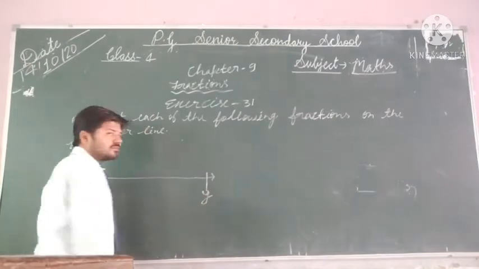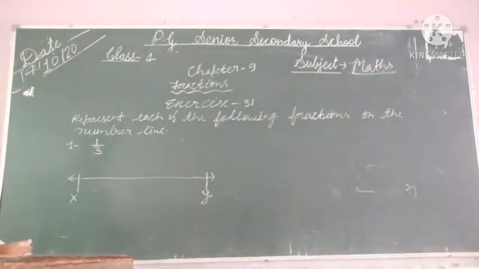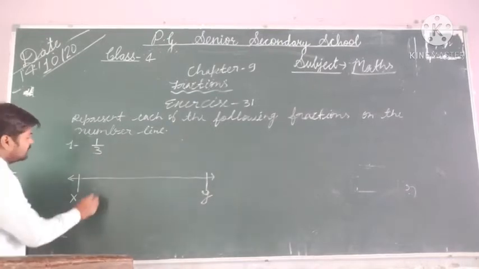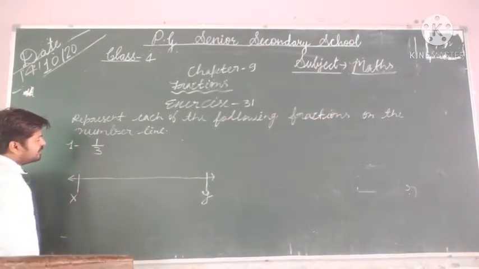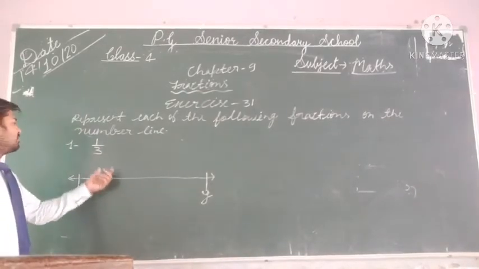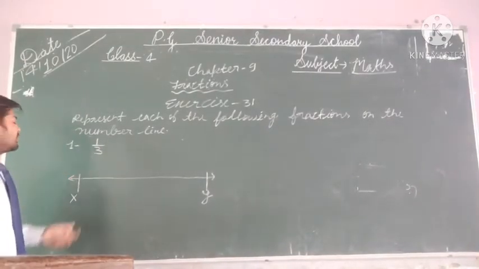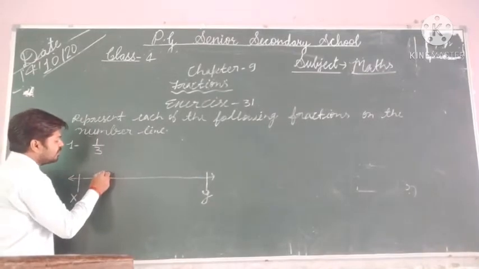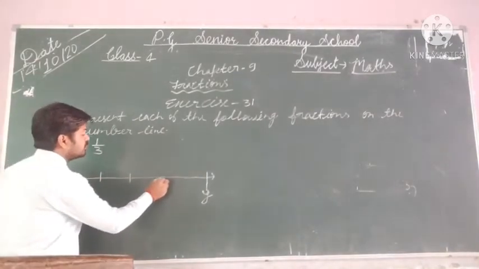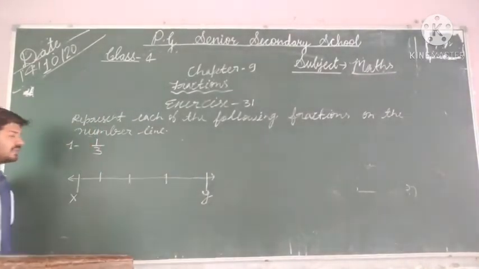Okay. Now we have to divide this line into 3 parts. What is the denominator portion? 3 parts. So I am going to divide this: 1, 2, 3. Okay, 3 parts are here.